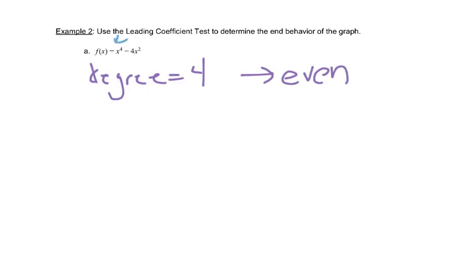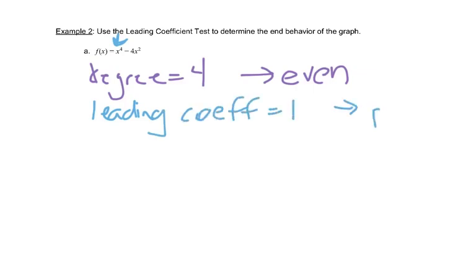So let's practice this. So now we want to talk about the end behavior. So the highest exponent is 4. That means our degree is 4, and that's an even number. Okay, the number in front of that degree of 4 is 1. So our leading coefficient is 1, which is positive.